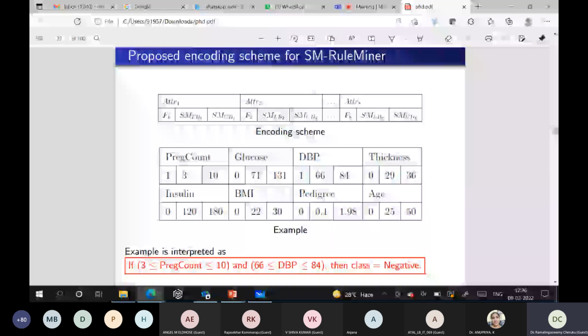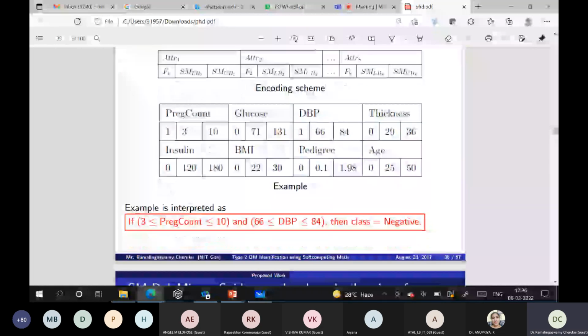Every feature is encoded like this. So if there are 8 features, there will be 24 such subfields in your encoding schema. Suppose for our specific dataset, we took the Pima Indians diabetes dataset, and we found that there were 8 features.